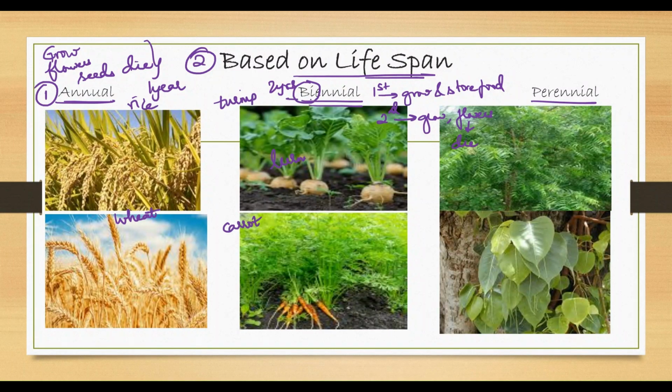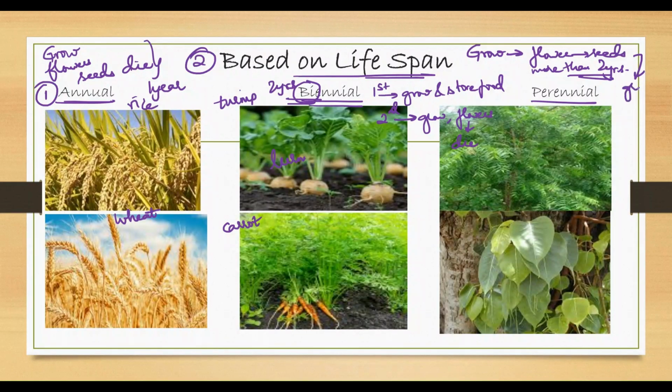Biennial, that means the life cycle ends after 2 years, where in the first year they grow and store food, and in the second year the plant grows, flowers are produced, and later it dies. Okay, perennial, where the life cycle of this plant is more than 2 years. In these plants, the plant grows, it produces flowers, it produces seeds, it won't die.